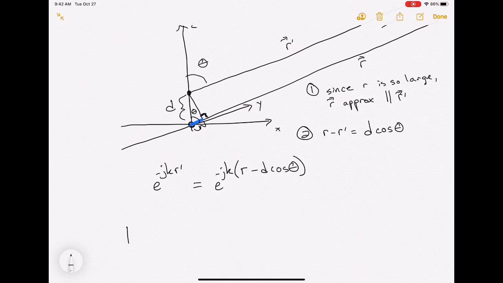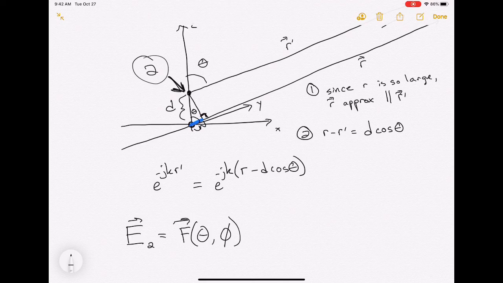So then the electric field from antenna number 2, this one right here, becomes the same function of angle as antenna number 1, the same e to the minus jkr over r, multiplied by a phase shift, e to the jkd cosine theta.